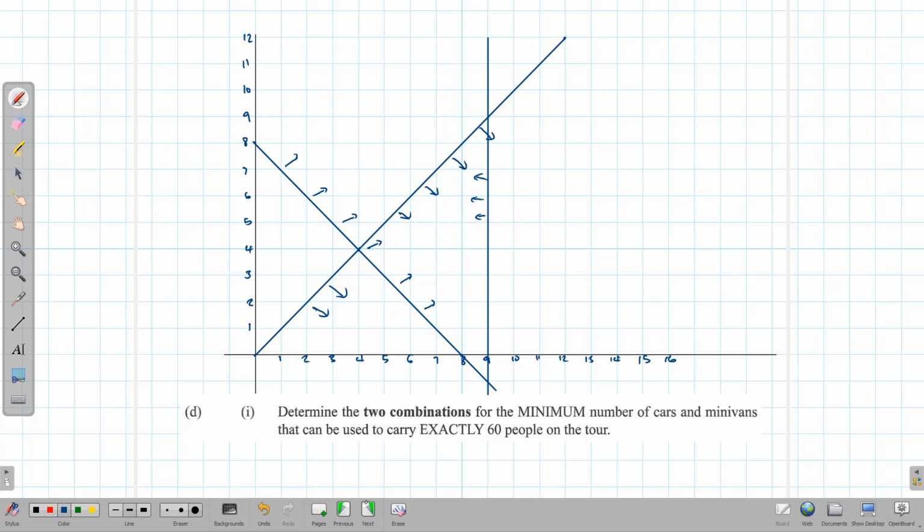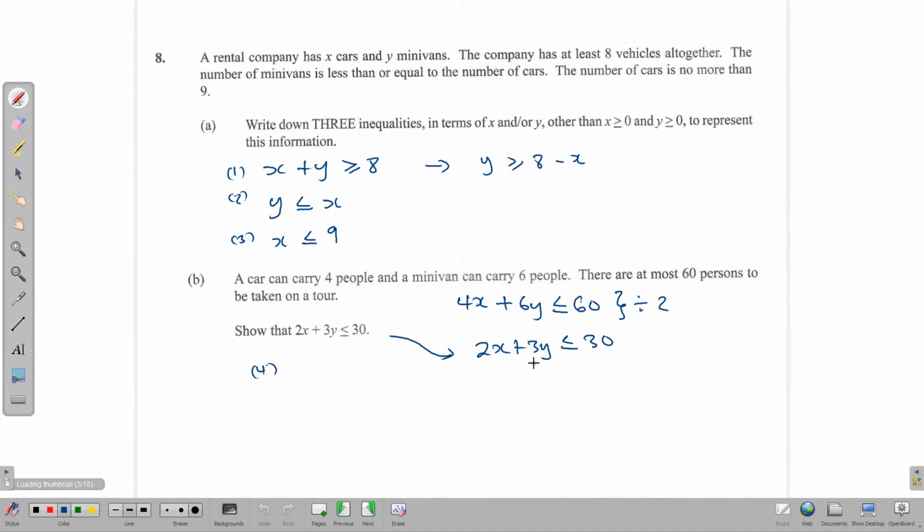Now we have one more to draw, and that's this one. 2x plus 3y is less than or equal to 30. And so we can write that as 3y is less than or equal to 30 minus 2x, and then y is less than or equal to 30 minus 2x over 3. And of course, we're going to need some values to draw this. So x, y.